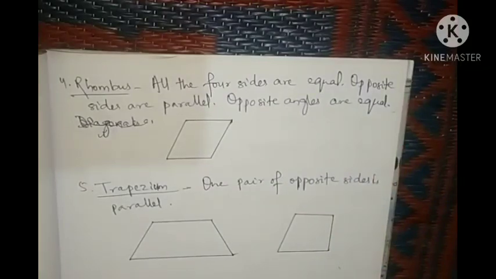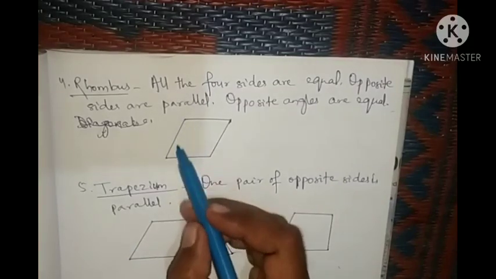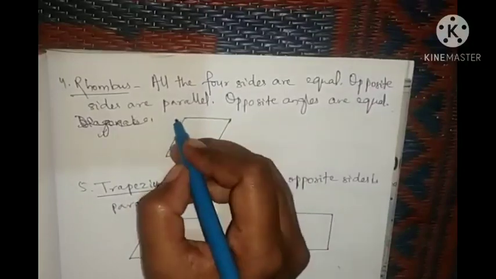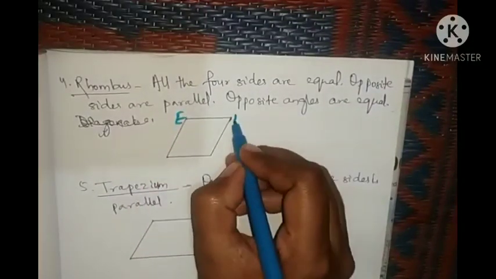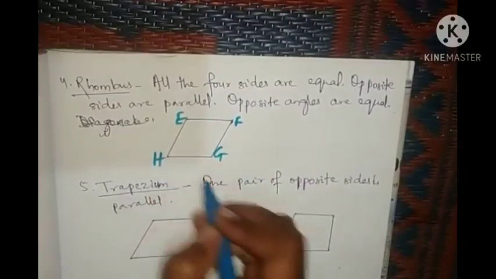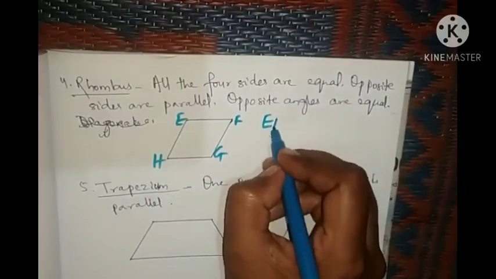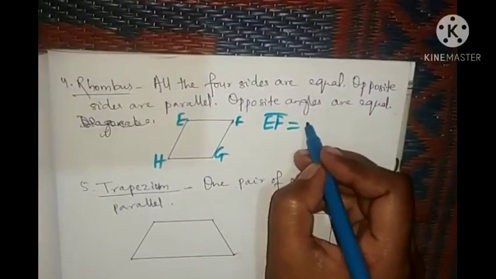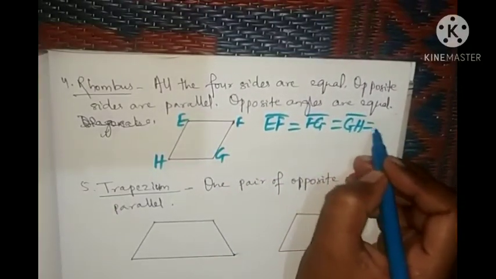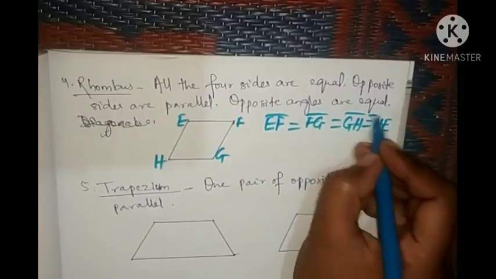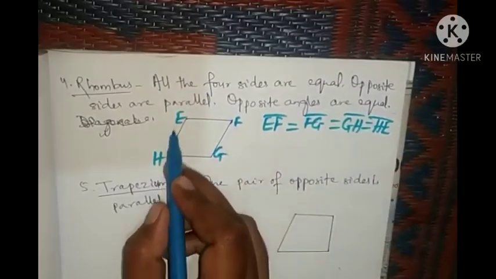Look here, E, F, G, H. Here EF equals FG equals GH equals HE, so all the four sides are equal.